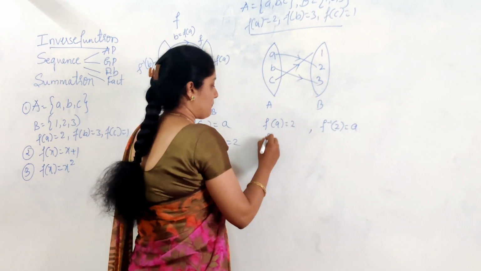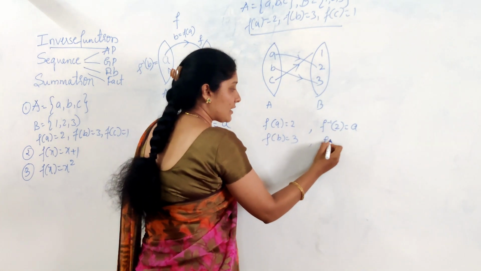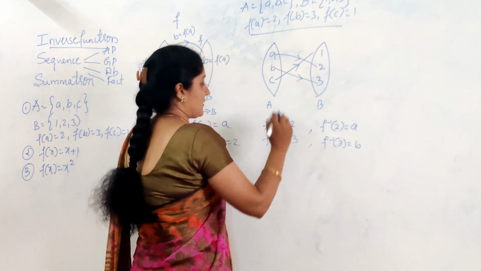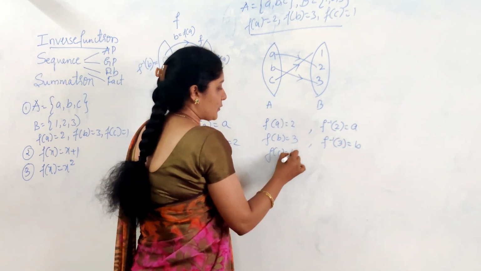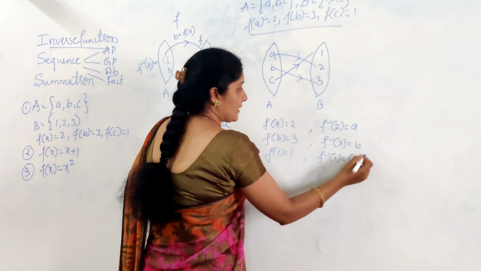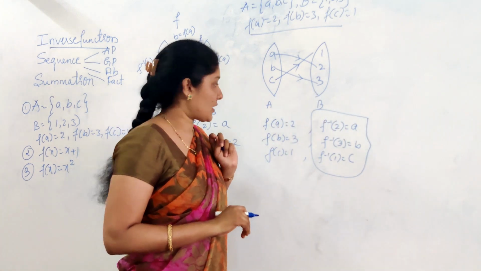Next, f of b is 3. That means inverse is f inverse of 3 is b. Next, f of c is 1. Inverse will be f inverse of 1 is c. So this will be the inverse of the given function.